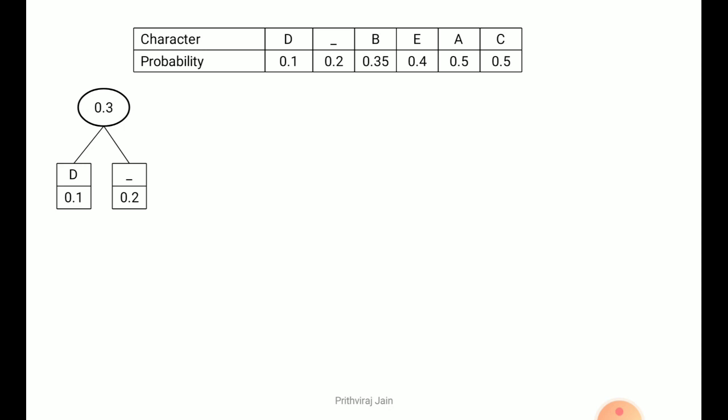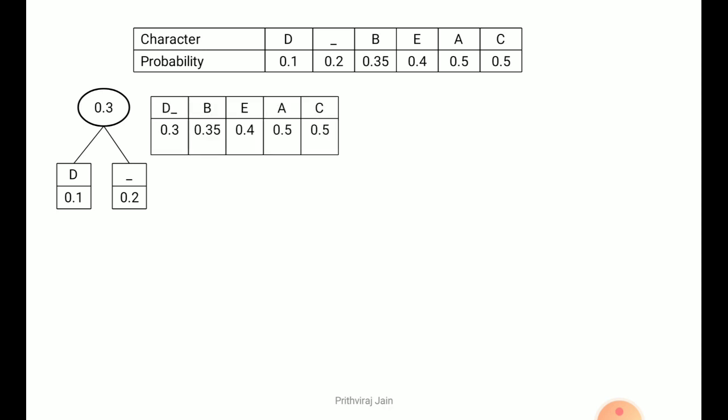Now add this new node data into the existing list or table. That will be recorded here. So for D underscore we got 0.3, and the next data is as it is in the present table.